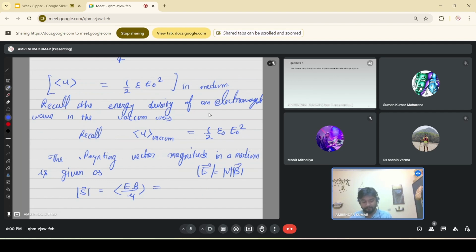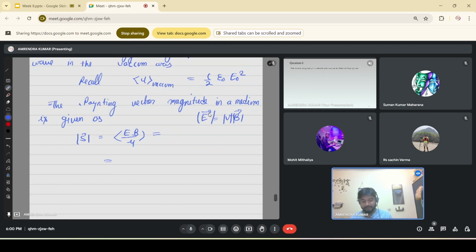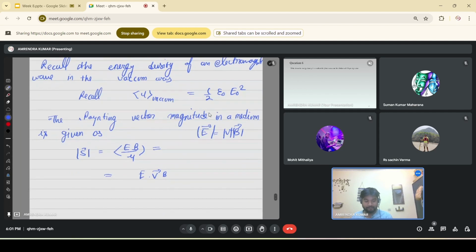But let me derive this for you. So what you do, you put E and then the value of V, E is equal to V cross B. So you put V and then this. So what do we have?